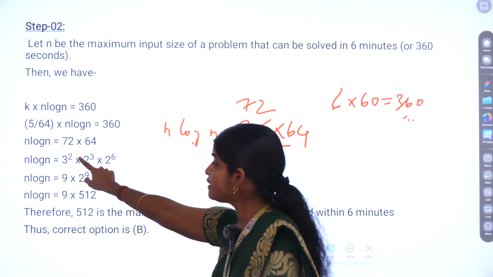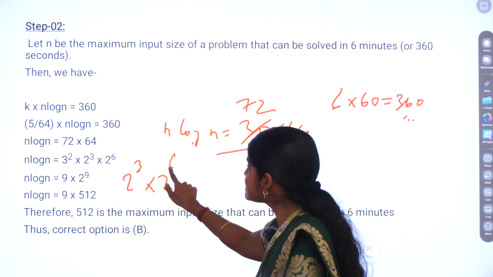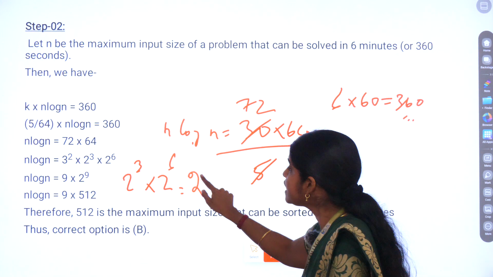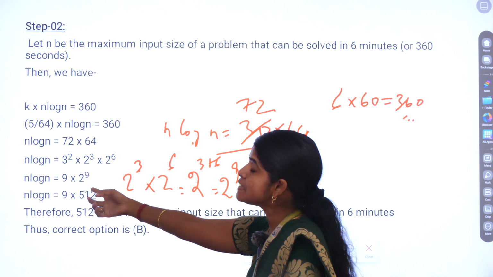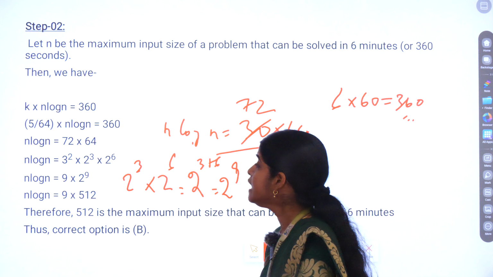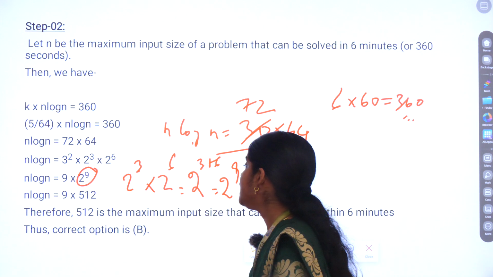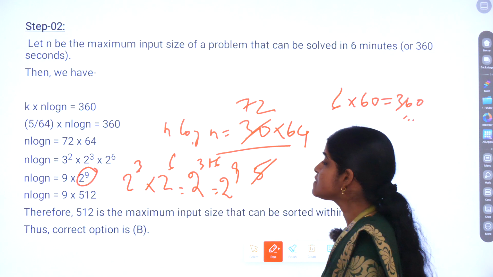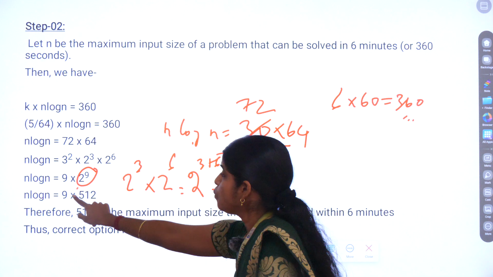So 3 square is nothing but 9. 2 power 3 into 2 power 6 is nothing but 2 power 3 plus 6, which gives 2 power 9. So the 2 power 9 is nothing but 512. Here the maximum input size is 512. So our answer is 512.